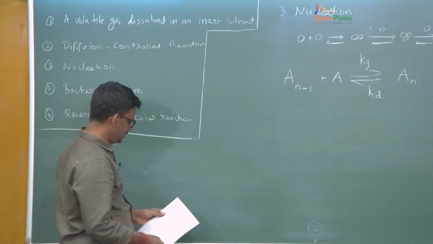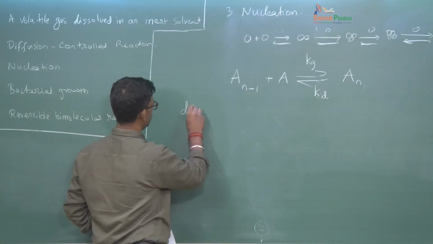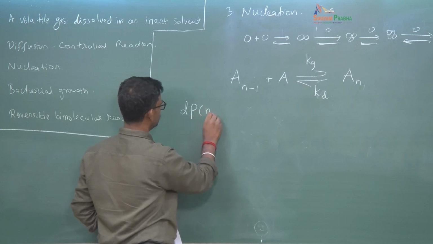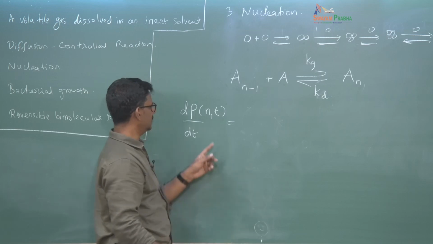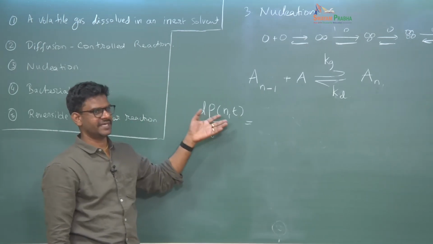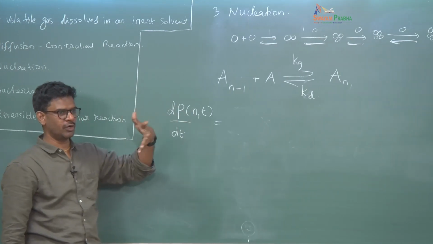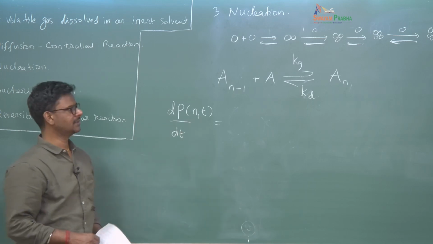So here you can write the master equation. We are asking what is the probability of finding a cluster of size n, size meaning the number of monomers in that cluster being n.